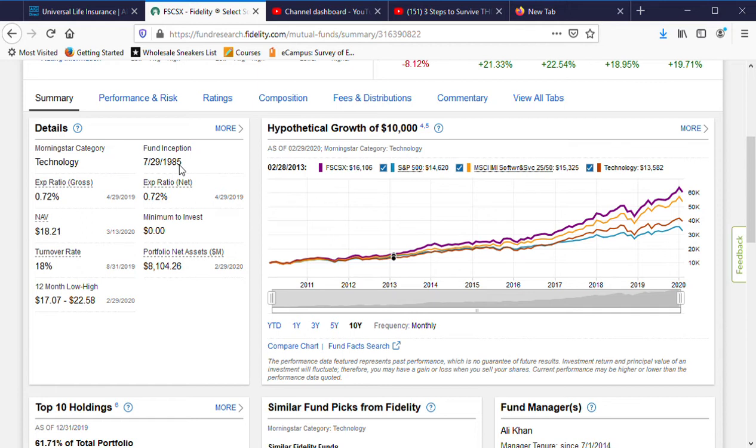The expense ratio is 0.72%. Anything that's less than 1.00 is really great. Minimum to invest is 0, which means that you can invest $10 here, $20 here, $30 here. So here, 12-month low high.